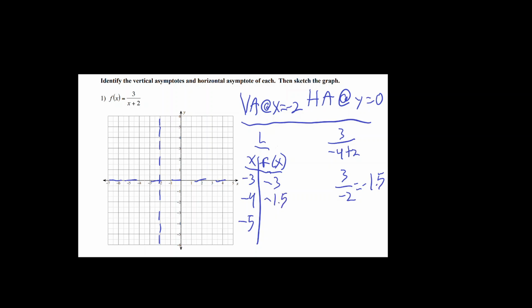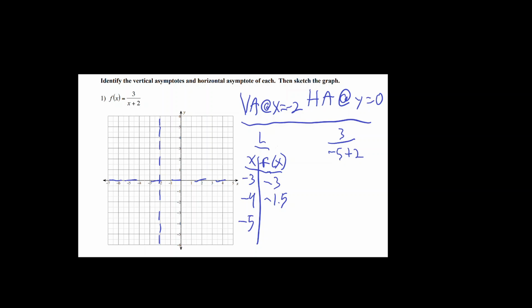And again, if there's any doubt in your mind, you can use your calculator to double check these. And last but not least, we're going to plug in -5, and thanks to the wonders of editing, I already have it plugged in right there.